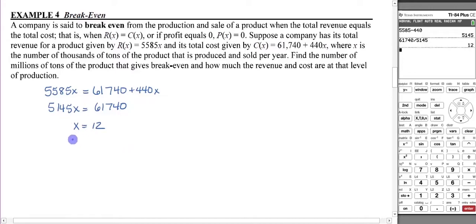So what does that answer mean for us? Well, X is the number of thousands of tons of the product produced and sold per year, and that's the number that gives us a profit of 0. So this will be 12 million tons of product will be our break even.